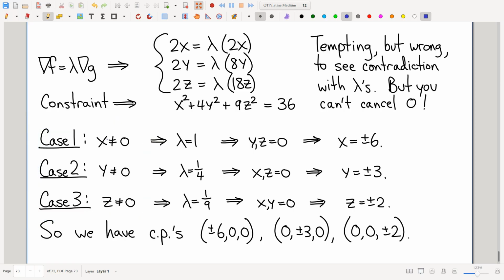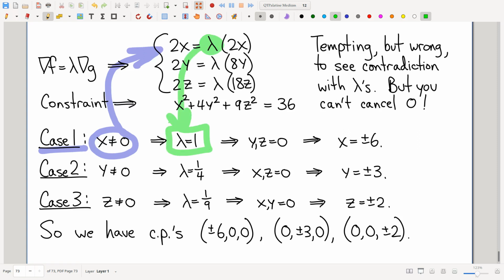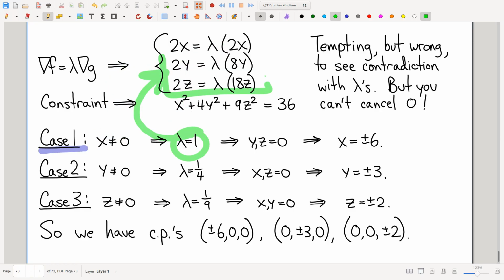Let's look at this first case. If x is non-zero, well, then lambda truly is 1. If lambda is 1, then y and z have to be 0.